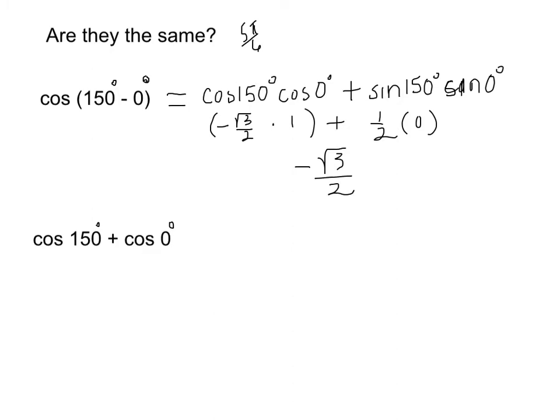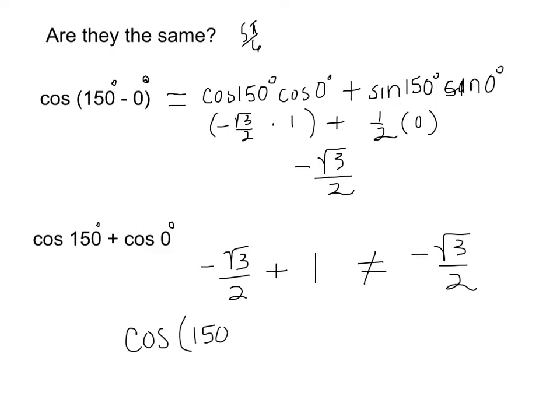Over here, if I just take the cosine of 150, that would be the negative square root of 3 over 2 plus the cosine of 0, which is 1, which is definitely not equal to the negative square root of 3 over 2. So what that leads us to say is that the cosine of 150 minus 0 is not equal to the cosine of 150 minus the cosine of 0.